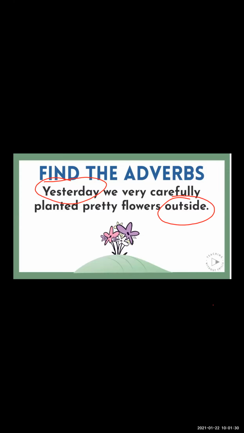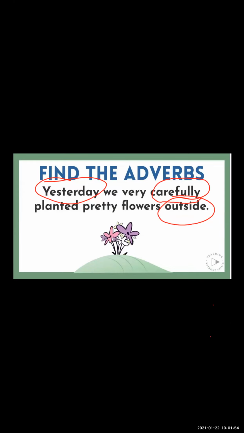Now, how I planted the flower? How I planted the pretty flower? Yes, carefully. I planted the pretty flower carefully. So carefully is an adverb.